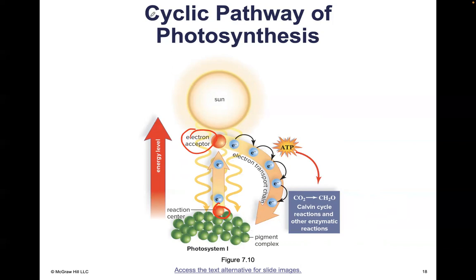This is why it is said to be cyclic. It returns all the electrons to photosystem 1. Mind you, ATP is produced and used in the Calvin cycle and other enzymatic reactions in the production of glucose, which are carbohydrates.